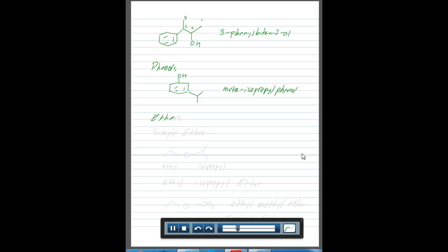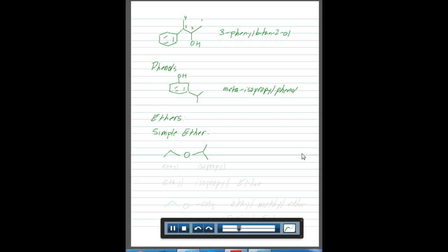Ethers. There's two ways of naming ethers. There's ether as the parent, which is kind of a common name, and then there's ether as a substituent. If you have a simple ether, what's a simple ether? A simple ether is where you have two groups hanging off of your ether that are very easy to name.